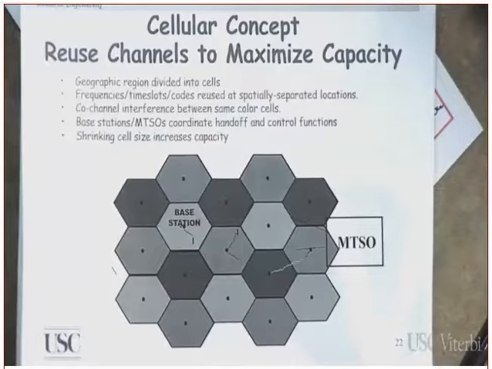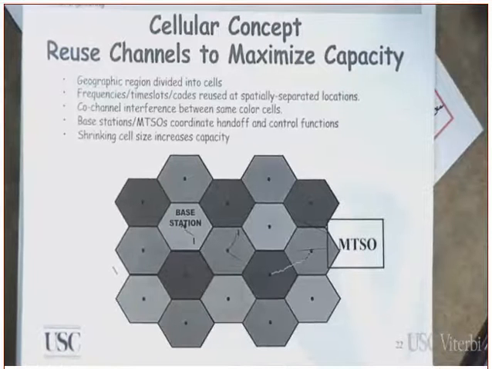In using CDMA, what does CDMA stand for? Code division multiple access. Users are allowed to use the same frequency at the same time, but using different codes. Are you following me on that? Now, in this case, the codes are supposed to be orthogonal. Orthogonal means the dot product between them is equal to 0. So the receiver is able to distinguish between them.